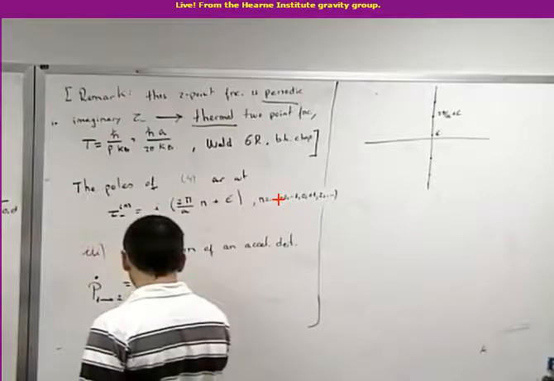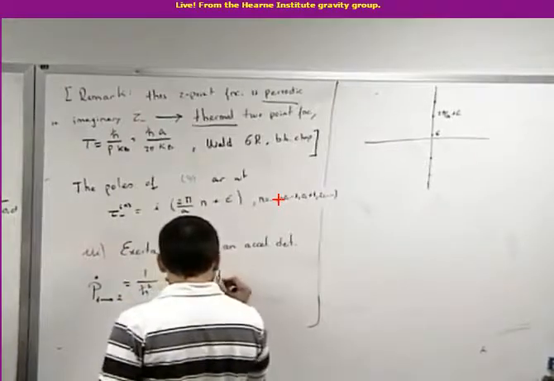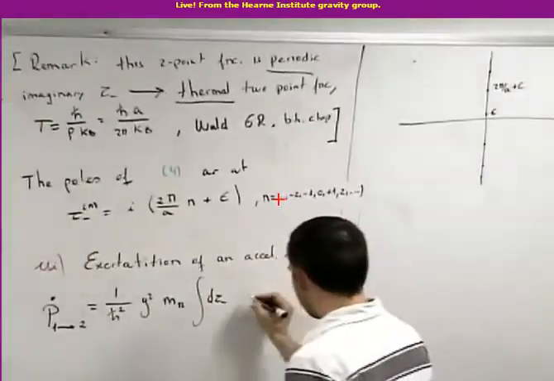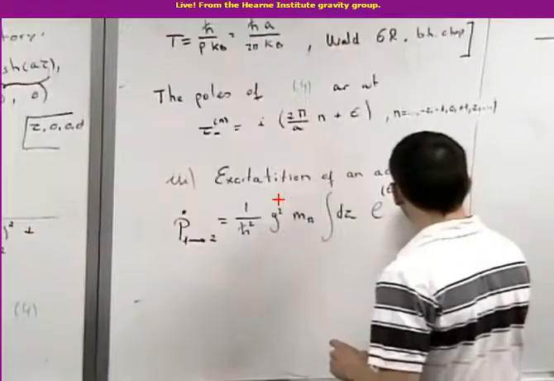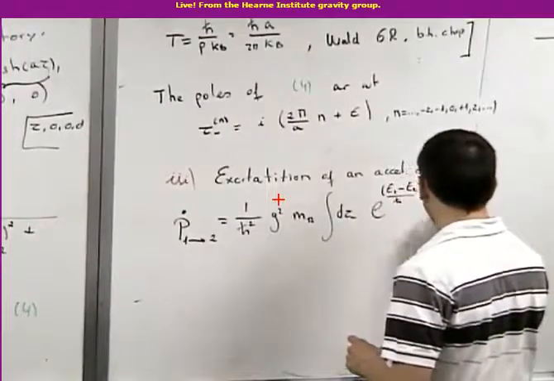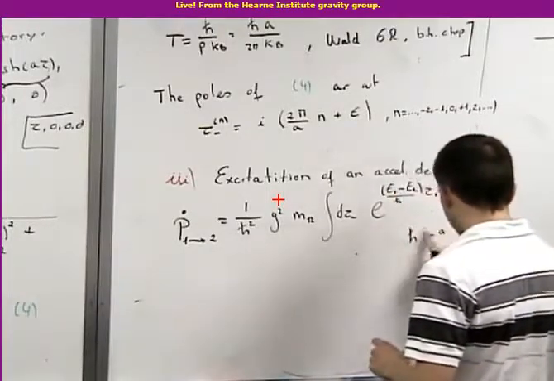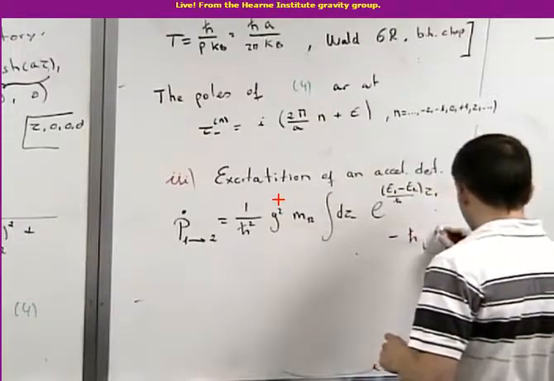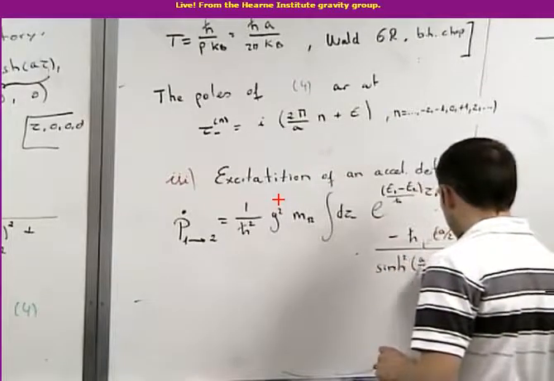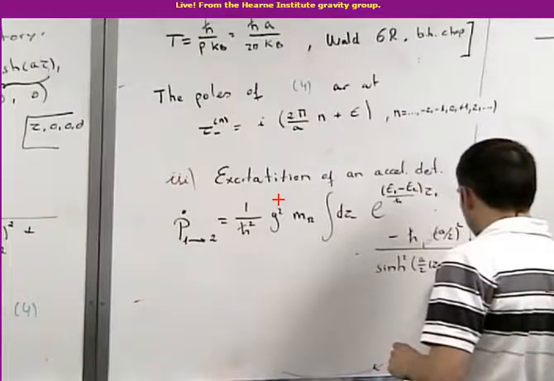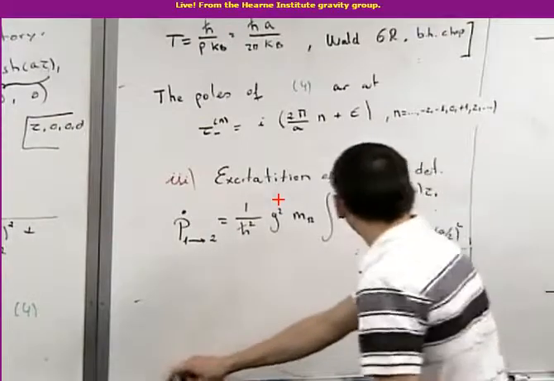It's given again by the integral in the proper time of e to the e1 minus e2 over h bar tau, times the two-point function, hyperbolic sine squared of a over 2 tau minus i epsilon. Exactly the same as before.